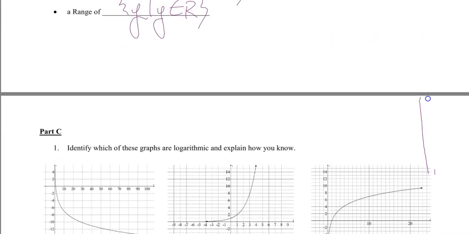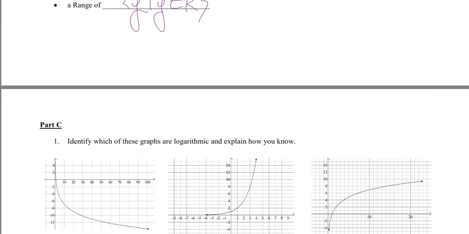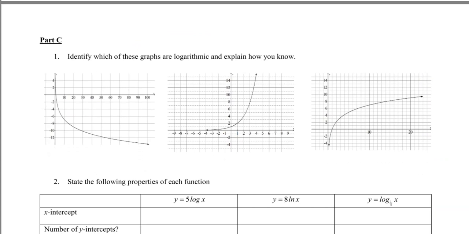Okay, great. Which of these graphs are logarithmic, and explain how you know. So the first one logarithmic. Yeah. Okay. How do you know? Okay. So logarithmic is no y-intercept.